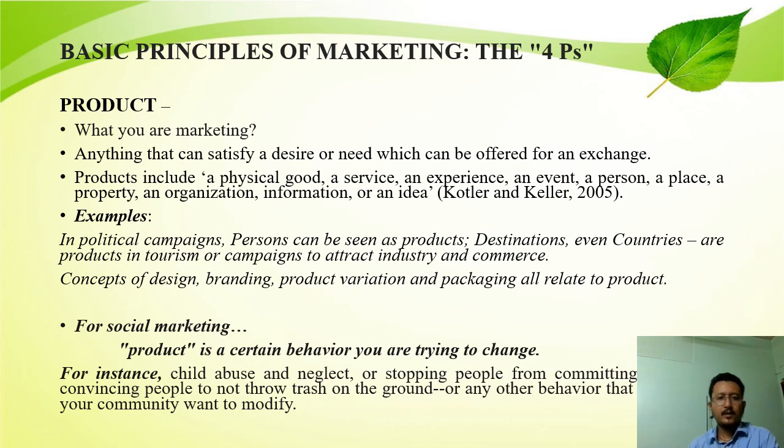Right? So finally, what we understand by the concept of product in terms of social marketing is that the product is a certain behavior that we are trying to change, right? In other words, it's a desired behavior that we're trying to bring in.